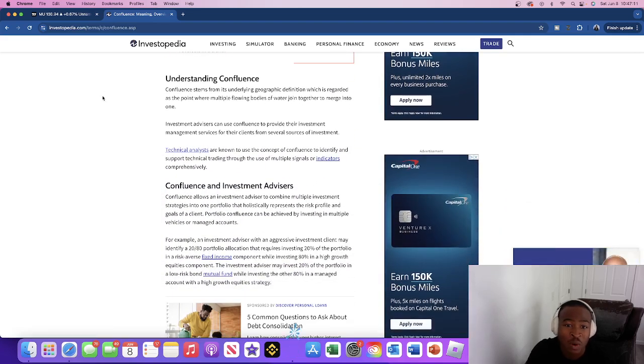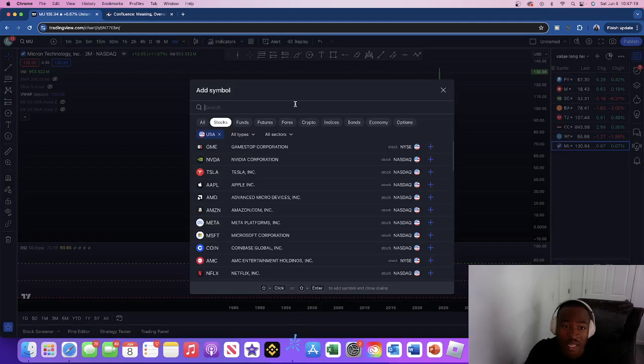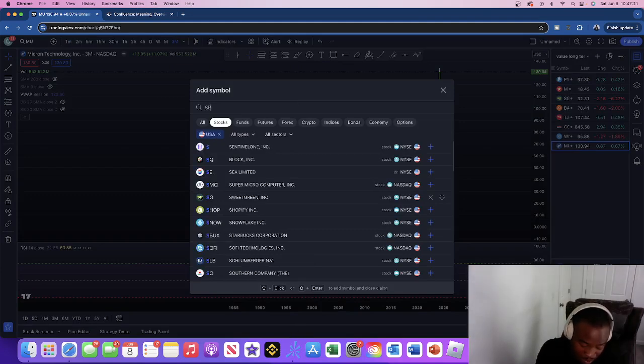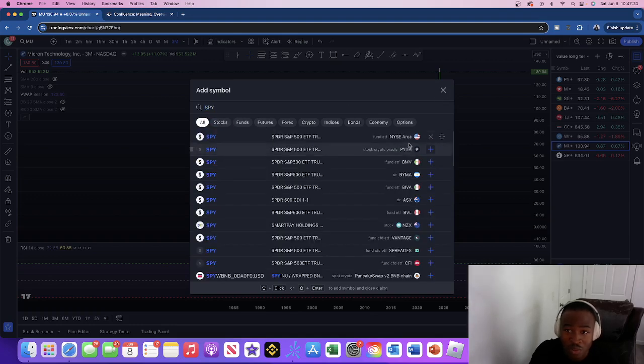So I wanted to go on the chart and explain how that looks exactly. I'm going to go on SPY just because I had a trade on SPY that I had really good confluence with the other day, and it ended up working out perfectly. So let's go on to SPY.